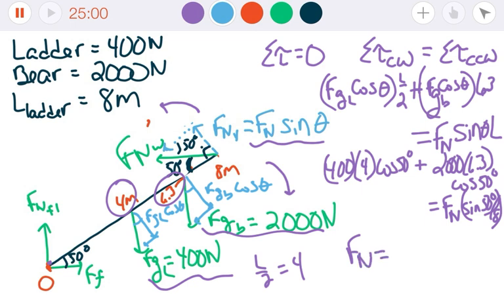And if you do the math, you find out that the normal force was equal to 1,489 newtons. So that's from the wall.